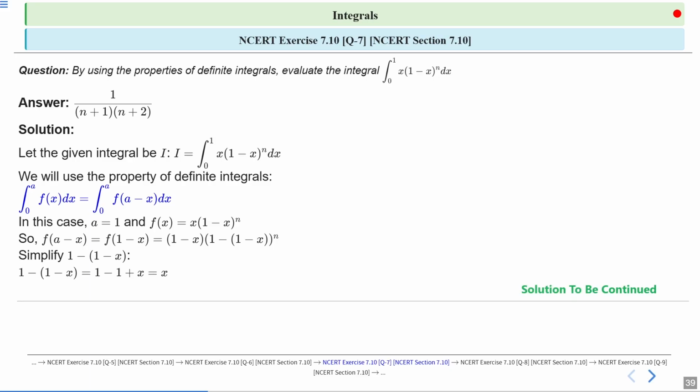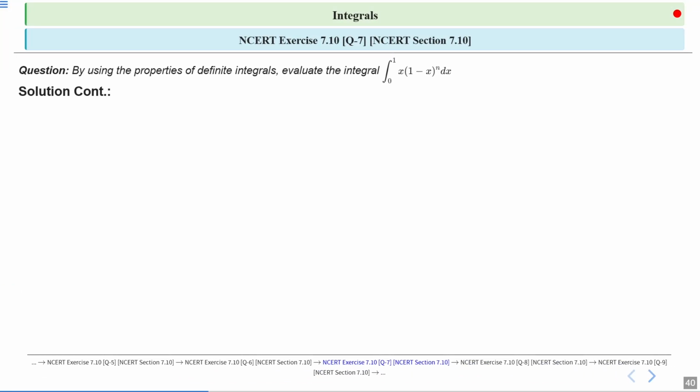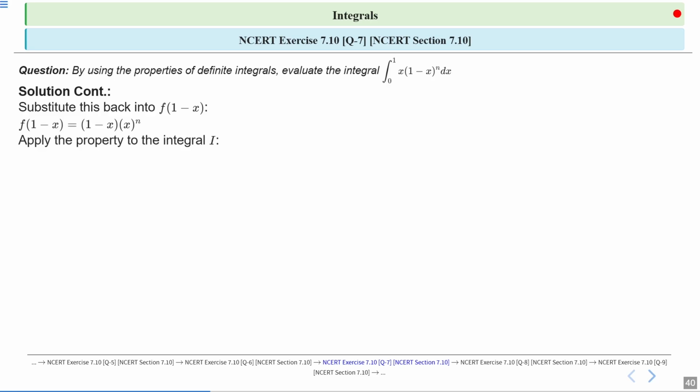So the integral I becomes 0 to 1 f(a minus x), that is (1 minus x) into x the power n. So substitute back for f(1 minus x). f(1 minus x) is equal to (1 minus x) into x the power n. Apply the property to the integral.